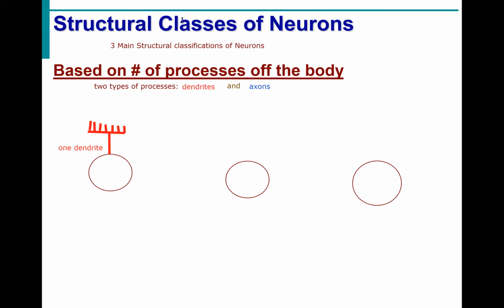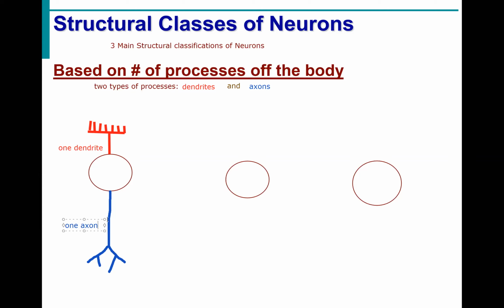This neuron also is going to have one axon that comes off of it. And again, we know that axon is capable of branching at the end. And so it has 1 axon.